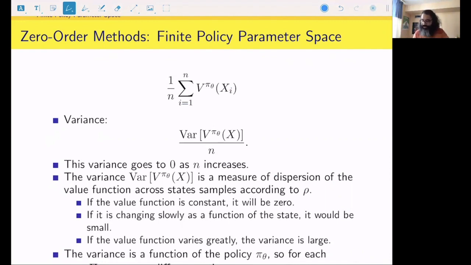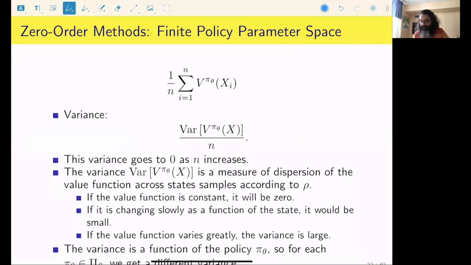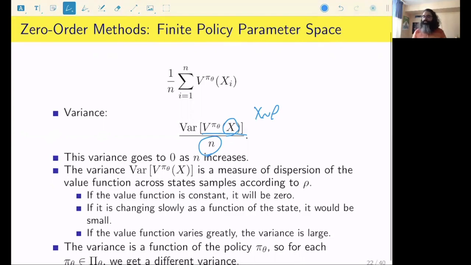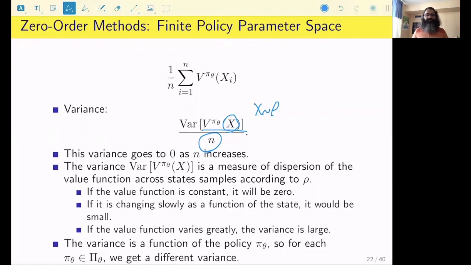The variance behaves like this: it would be the variance of v of pi theta over x, where the randomness comes from the choice of x coming from distribution rho, divided by n, because we have n independent samples. So this is the variance of our estimate. Is this clear?